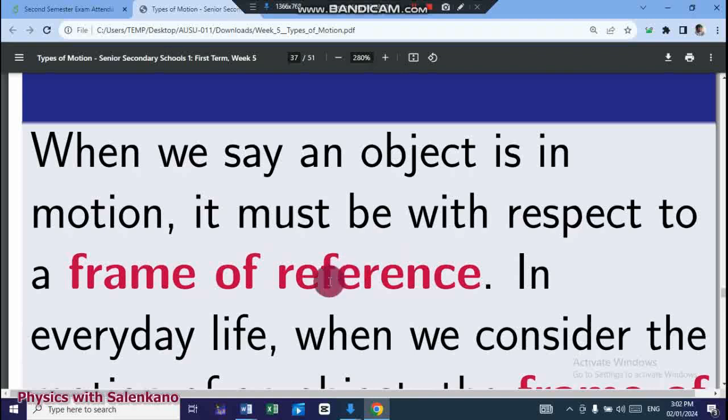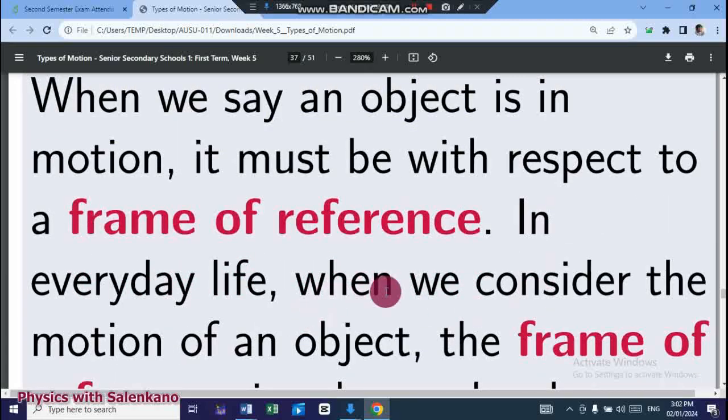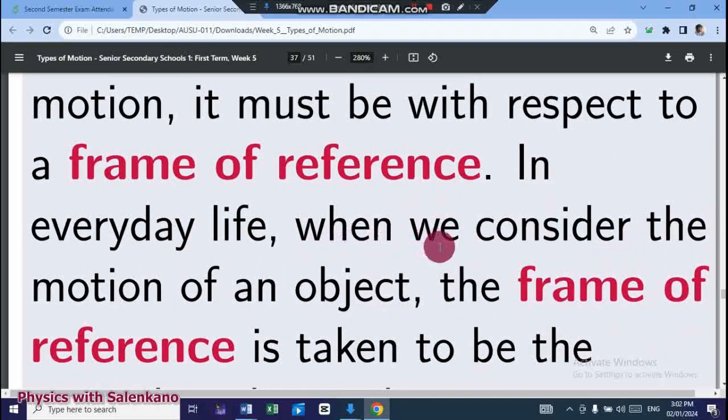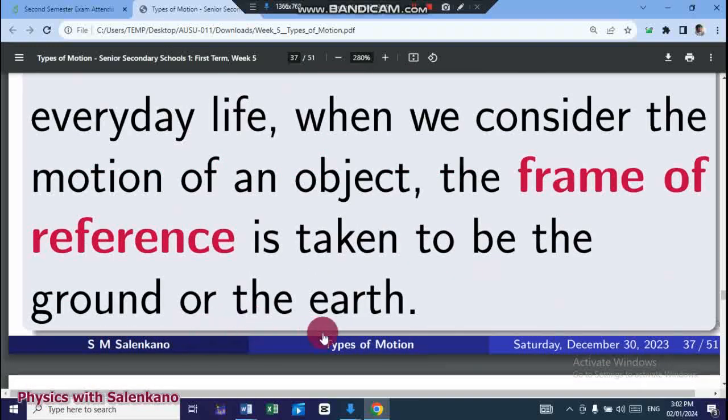Without this frame of reference, you cannot make any such measurement. So we need a frame of reference. In everyday life, when we consider the motion of an object, the frame of reference is taken to be the ground or the earth. So if you say a car is moving with a velocity of 60 km/h, your frame of reference is this earth, is the ground.